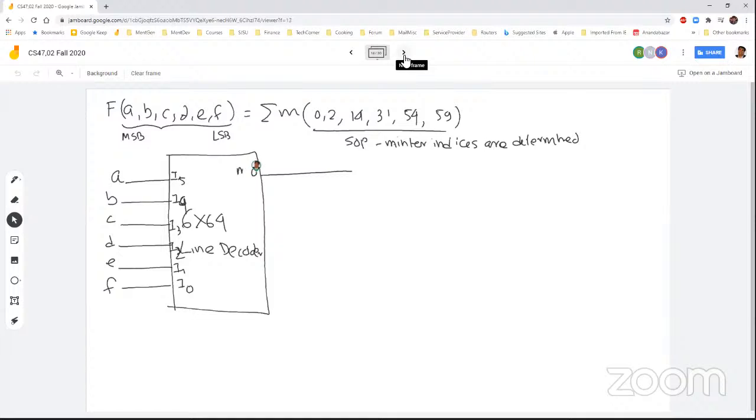You have these different minterm outputs out of this line decoder. All you need to do is take the minterm outputs M0, M2, M14, M31, M54, and M59, and run them through a giant OR.